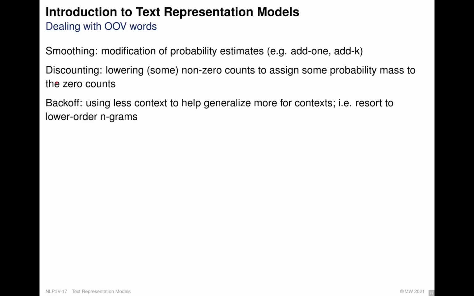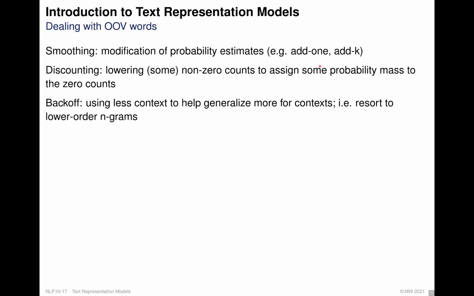The main two related methods are smoothing and discounting. Discounting can be thought of as a kind of smoothing. Basically, in both cases, we're going to modify these probability estimates. So we're going to basically hallucinate some of those probabilities and change them.